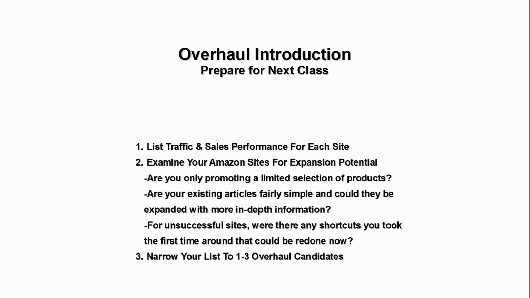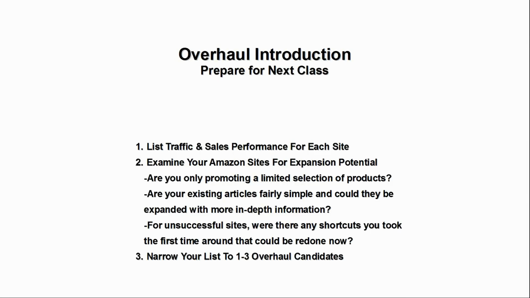And number three, for unsuccessful sites, were there any shortcuts that you took the first time around that you could redo now? I'm really talking about things like automated software that created content for you, automated content, PLR content, anything that wouldn't really be unique to your website, something that could potentially be dragging down your search rankings even.